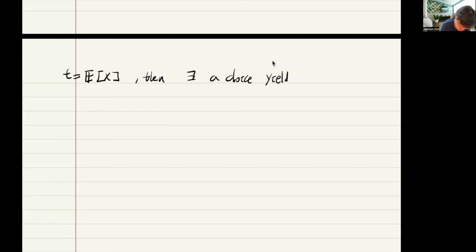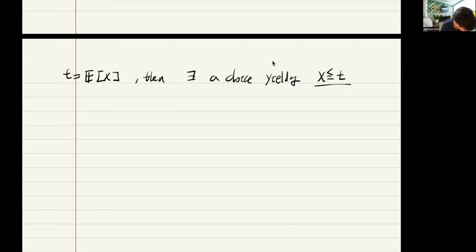So now we continue on this alteration method. In the previous two examples, and the example before that on the expectation, what we used is that when we compute the expectation of a certain random variable, there exists a choice which yields a value that is at most t, or at least t.